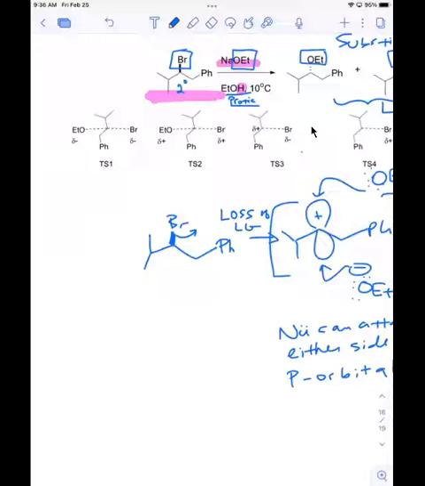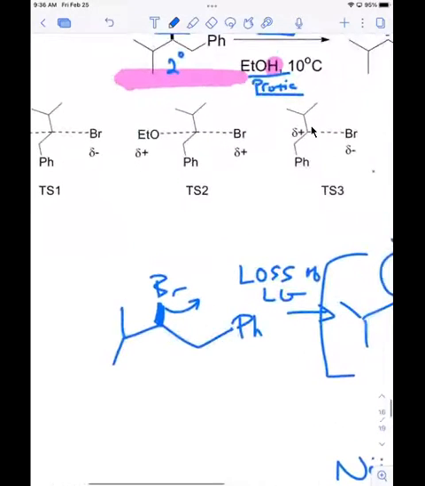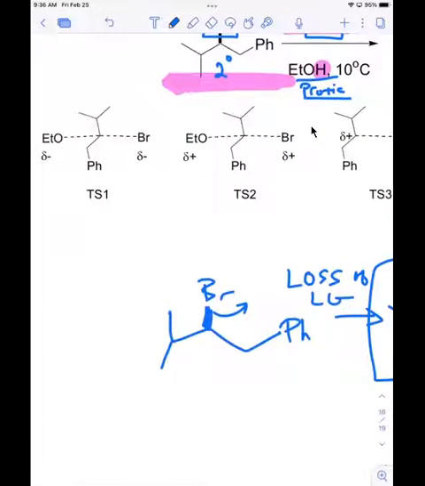Well, first let's ask this question. Which ones can we rule out? TS3 and TS4. You want to rule those out? Are you sure about that? If the first step doesn't involve a nucleophile, then wouldn't transition state 2 and 1 be ruled out?